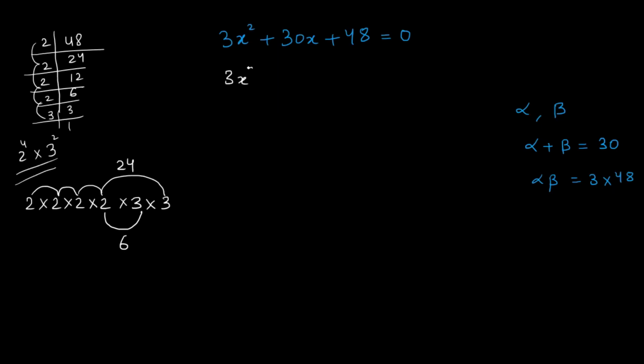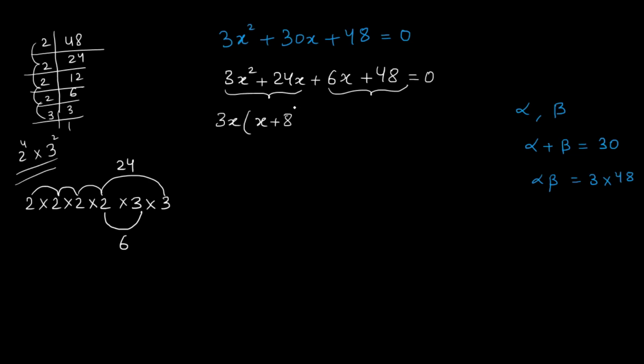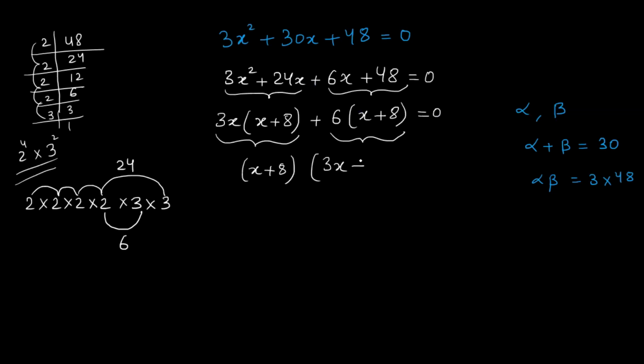So let's use these two numbers: 3x squared plus 24x plus 6x plus 48 is equal to 0. Now we will take these two terms, and 3x we can take common. This will become x plus 8, plus we can take 6 common. Again, it will become x plus 8 equals 0. We can take these two terms again, and this will be x plus 8 common in this, and we have 3x plus 6 equals 0.